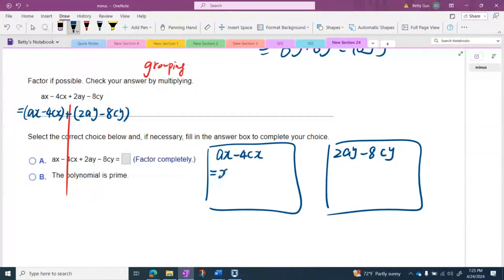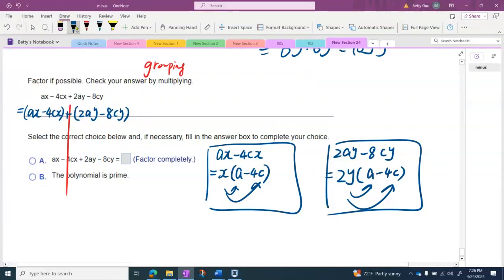From these two terms, we factor x out. We have a minus 4c. You can double check by reversing, right? And this group, we factor 2y out. We wanted to have a minus 4c. Let's see if it works. 2y times a, 2ay. 2y times negative 4c, negative 8cy. So it works.